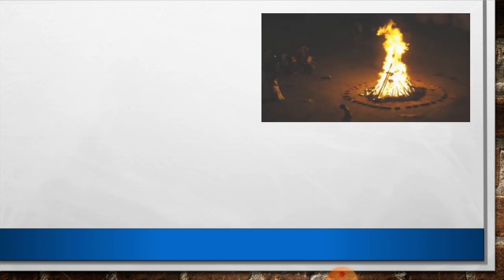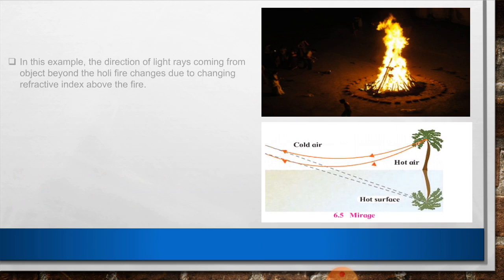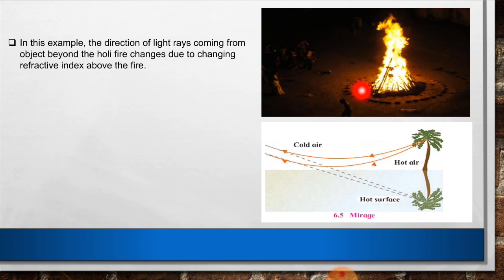Now let's move to the second example, the holy flame. The direction of light rays coming from the object beyond the holy fire changes due to the changing refractive index above the fire. In this particular place the temperature is very high, but when we go beyond the holy flame, the temperature is cold.